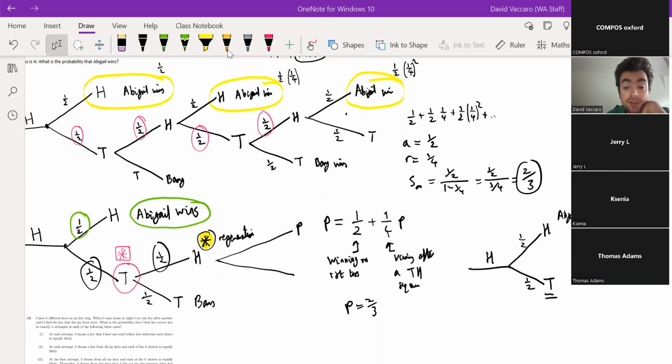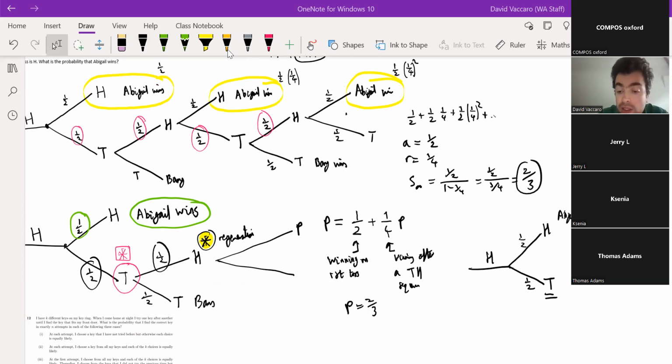Yeah, Barry has the advantage, because obviously before the game has started, you're equally likely to see heads before tails as you are to get tails before heads, assuming the coin is fair. Abigail has the advantage.